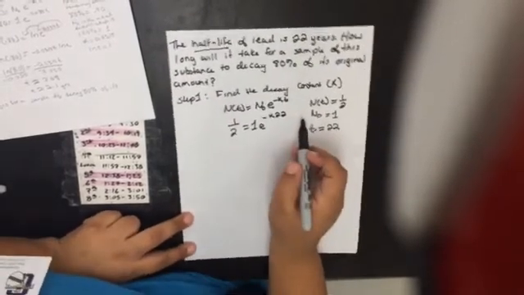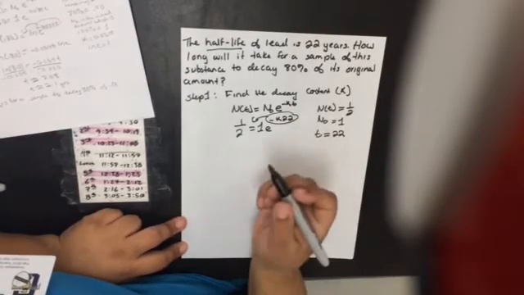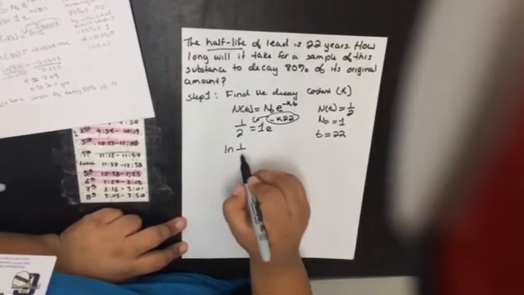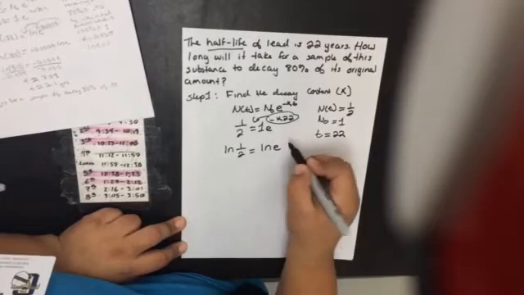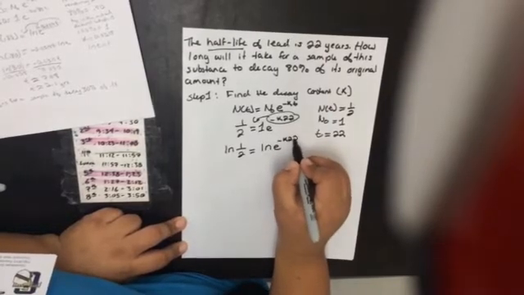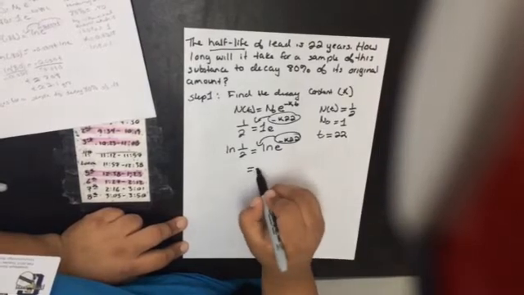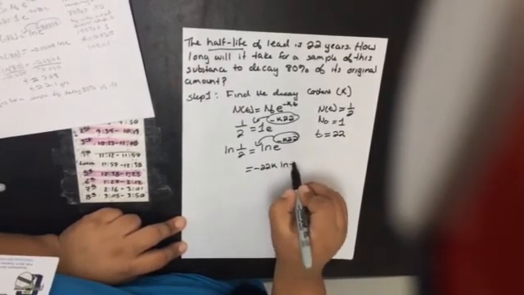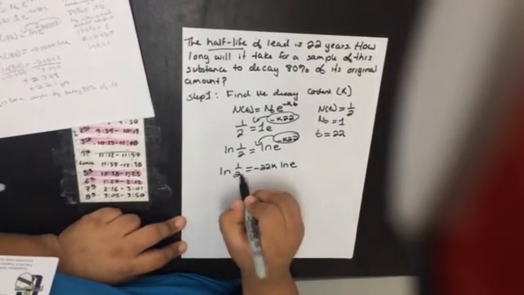Well, what I want to do is bring the exponent to the front. So I'm going to take the natural log of both sides. So ln of 1/2 equals ln of e to the negative k times 22. Now I can bring my exponent to the front. So I have negative 22k times the natural log of e equals the natural log of 1/2.